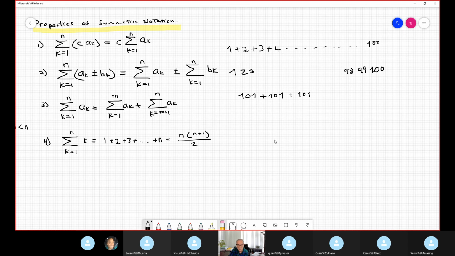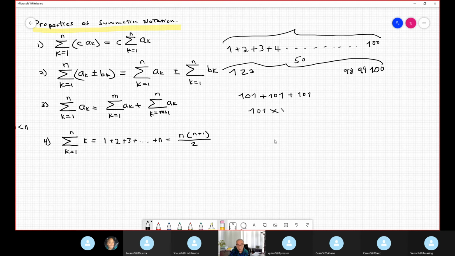So it's always 101. And how many numbers do we have in total? We have 100 numbers, but we can form 50 pairs. So basically it's 101 multiplied by 50, which is 5050. And this is the idea for this equation.